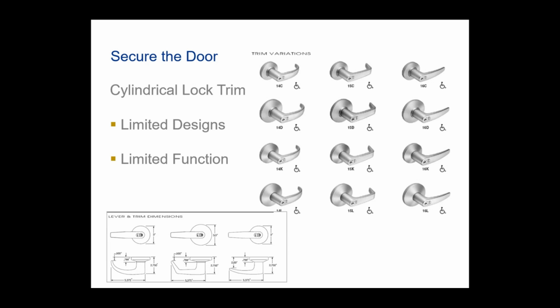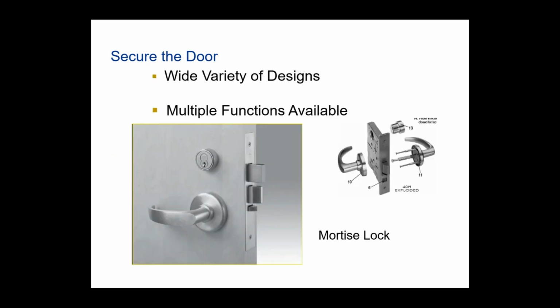We'll look at some of the most common designs that are out there. Just your standard return, that's ADA approved. A curved lever is also ADA approved, and then your straight lever. There are some special applications out there where you have some manufacturers that provide some different types of roses and different types of levers to where they're more aesthetically pleasing for your building. You just need to check with the manufacturer that you're using to see what you're trying to accomplish and see if they can help you.